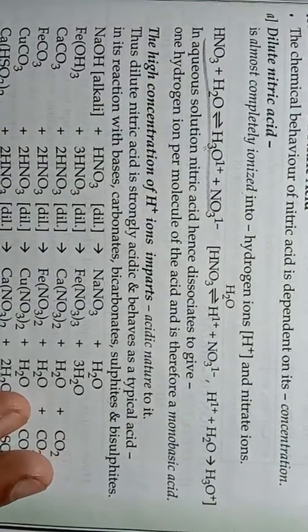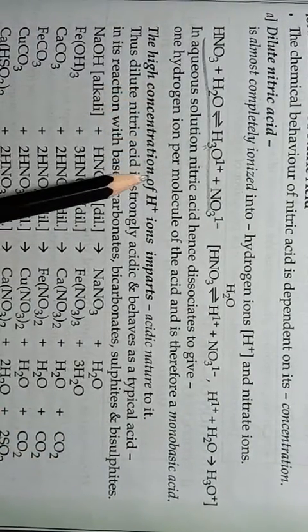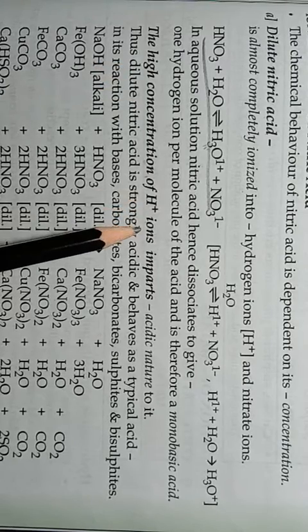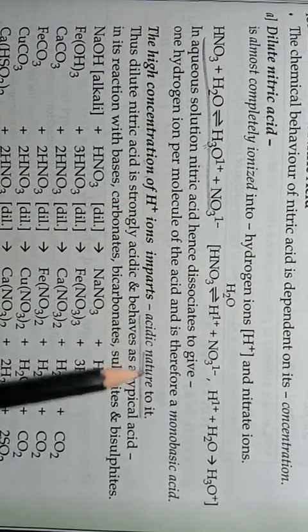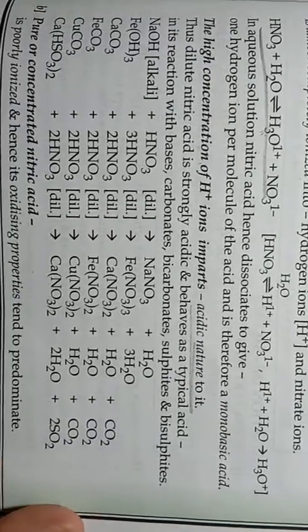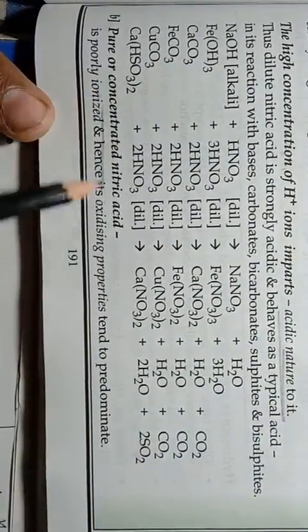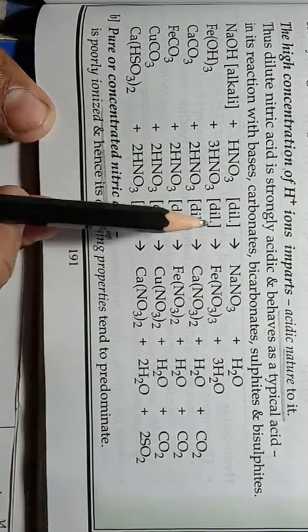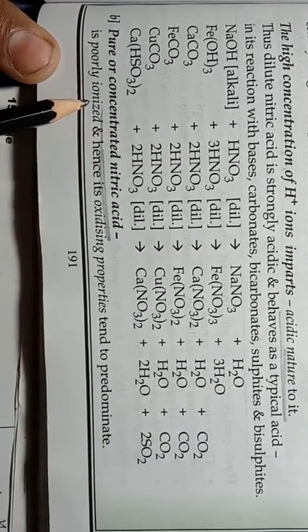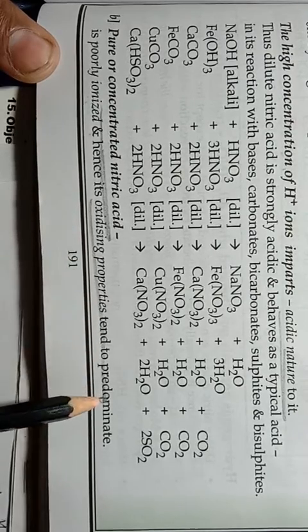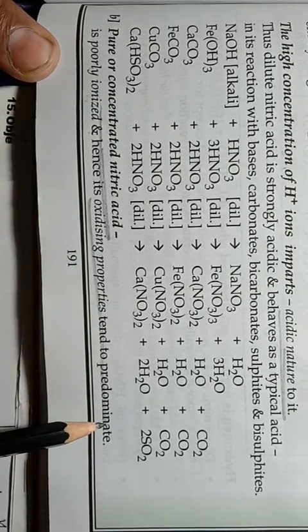But in high concentration, the high concentration of H+ ions imparts acidic nature to it. But pure concentrated nitric acid is poorly ionized, and hence its oxidizing properties tend to predominate.